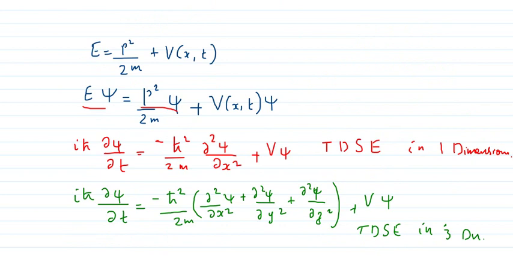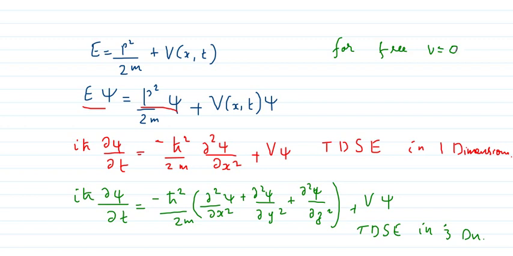Suppose we are talking about the free particle case. If we are asked to derive the free particle time dependent Schrodinger equation, what we have to do is: there is no force acting, or the net force acting on the free particle will be 0. So for a free particle we should avoid the potential energy.